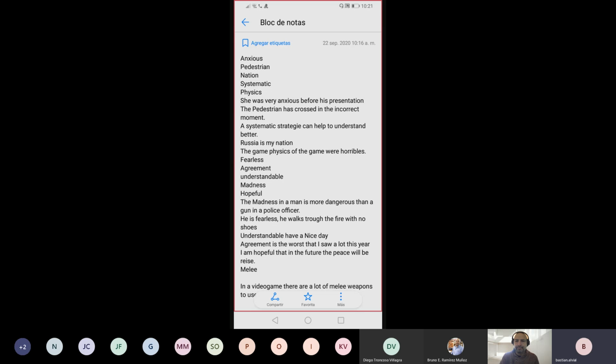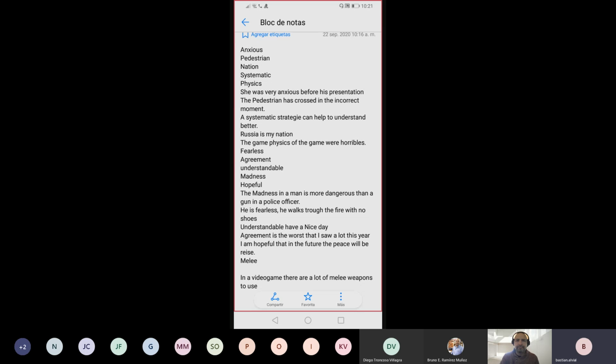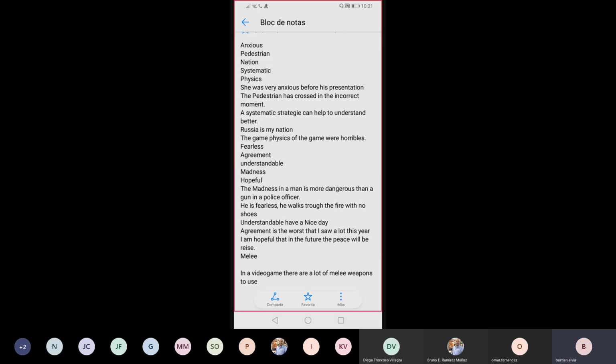The pedestrian has crossed in the incorrect moment. With -ion, I chose nation, and the sentence is Russia is my nation. With -ic, I chose systematic, and the sentence is a systematic strategy can help to understand better.